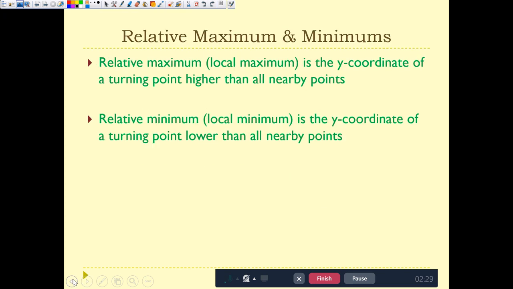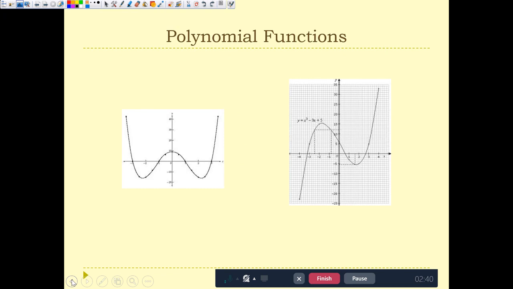Your relative minimum or local minimum is the y-coordinate of the turning point that is lower than all nearby points. So it's the lowest turning point. For example, here and here on this graph and here on this graph. And it's the y value because that's what is determined up and down as y. Okay?